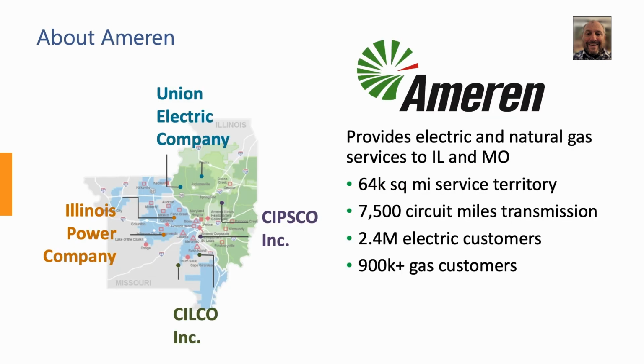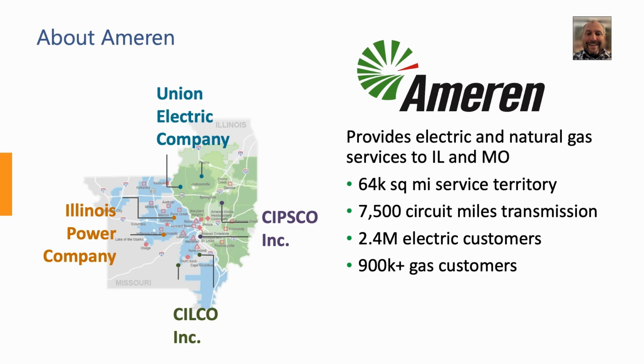So who are we at Ameren? We are a fairly large utility in the Midwest. We are based out of St. Louis, and our territory covers a lot of Illinois and a fair amount of Missouri as well. We provide electric distribution service to most of that territory, gas distribution service in quite a bit of Illinois and parts of Missouri, and then we have electric transmission throughout the territory, with over 7,000 miles of transmission.